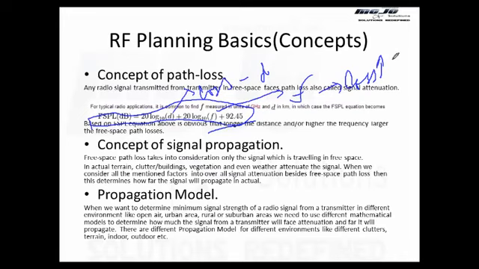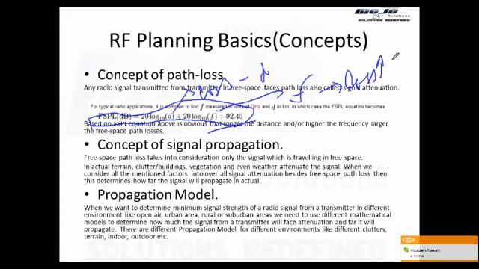If the distance is higher, your free space path loss will be higher. If your frequency is higher, your free space path loss will be higher. What it means is when you send a 20 dBm signal, at the receiver you will receive, let's say, minus 5 dBm or minus 8 dBm if your frequency is higher and distance is higher.